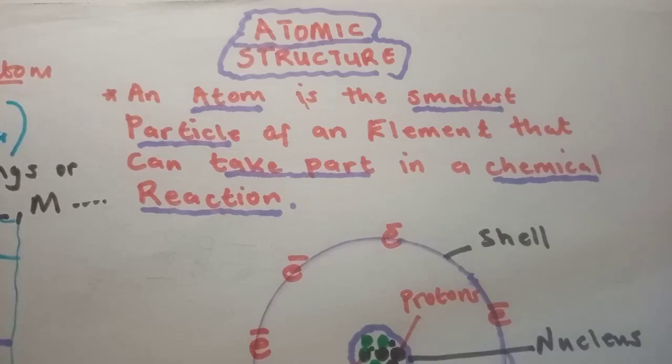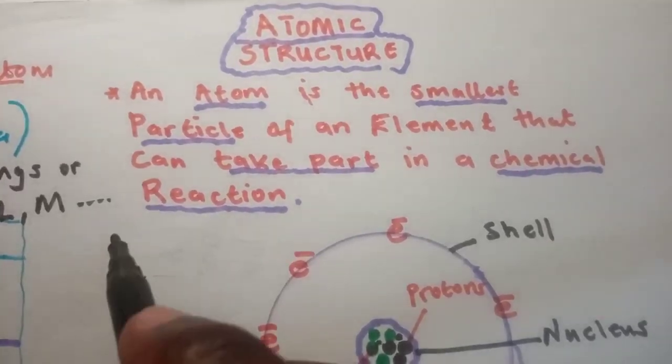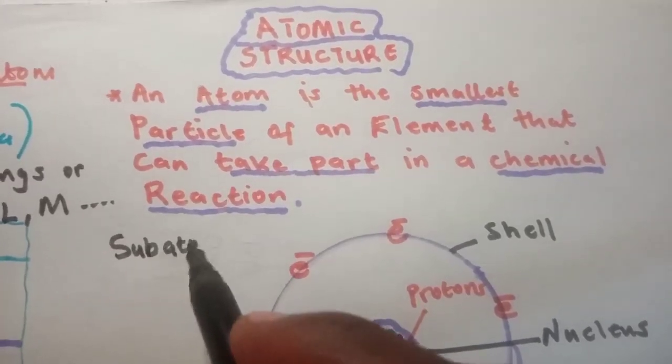So we said the atom is the smallest particle, but scientists discovered that even though the atom is the smallest particle of an element, it has what we call subatomic particles.